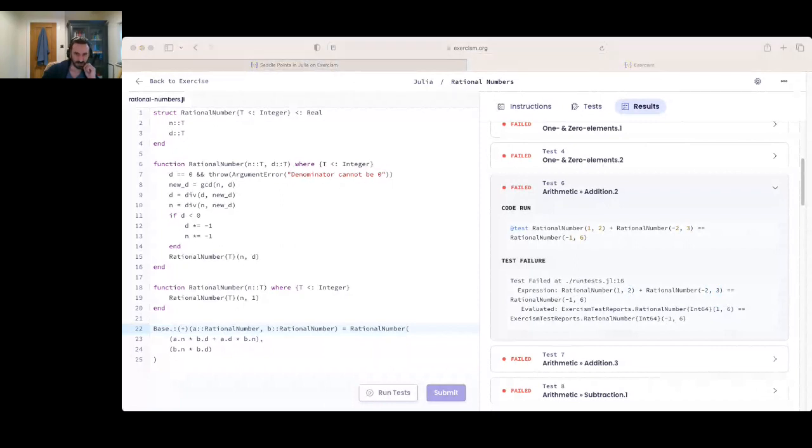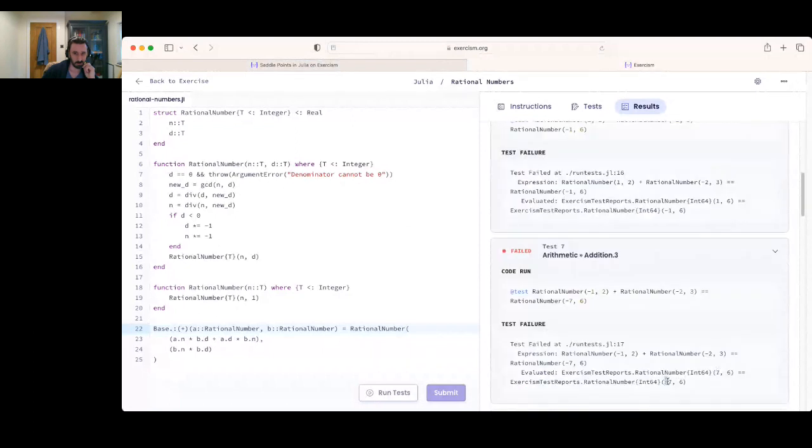Anyone in the chat who can tell me where I've gone wrong? Because what's the other one? So yeah, we're somehow getting 7/6 when it should be minus 7/6.